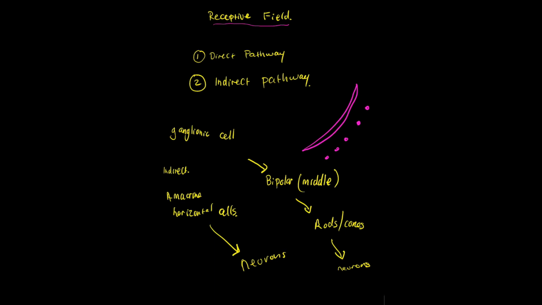In the direct pathway, we have the ganglion cells up the front here. We then have a bipolar cell, the intermediate cell. And then at the back, we have the rods or the cones. This looks roughly like that, right? The direct pathway is what I just described to you.